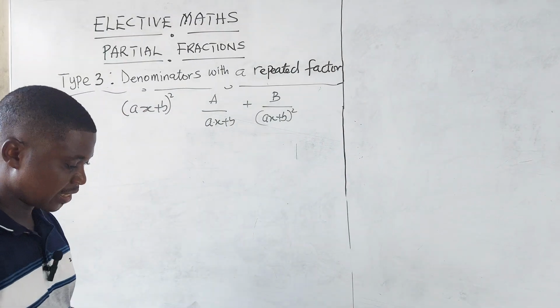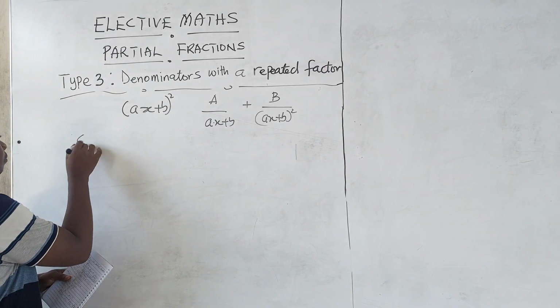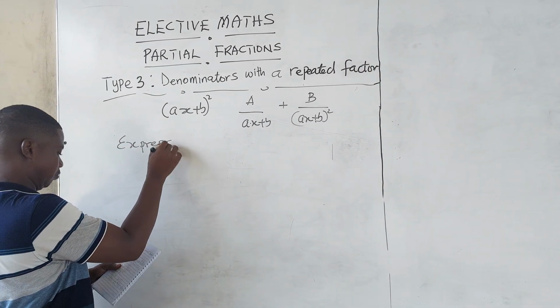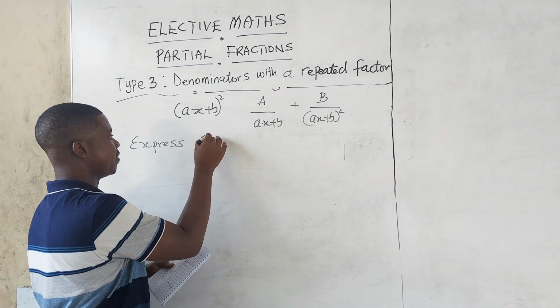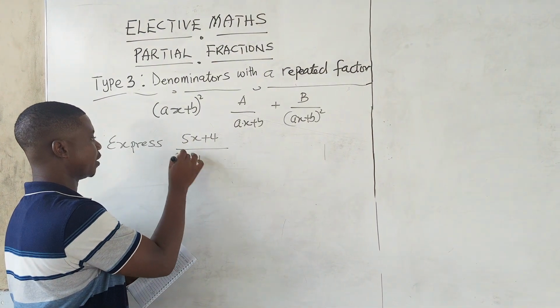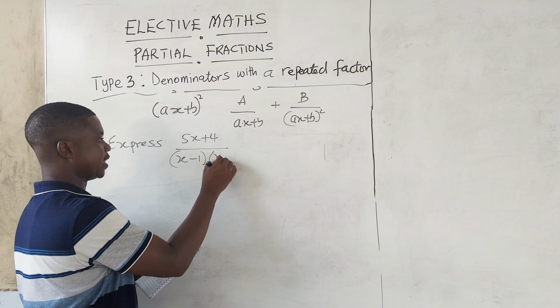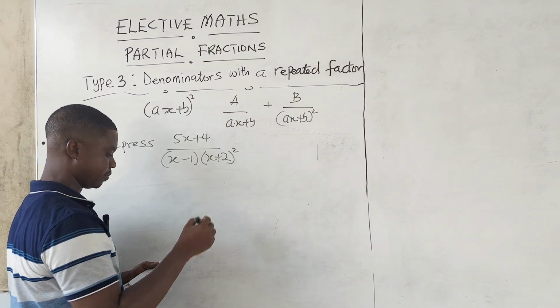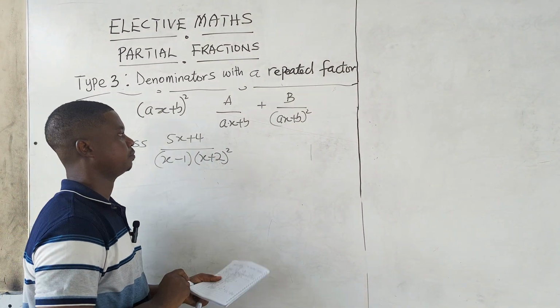Now let's consider a question on that. Express (5x + 4) over (x - 1)(x + 2) all squared in partial fractions.